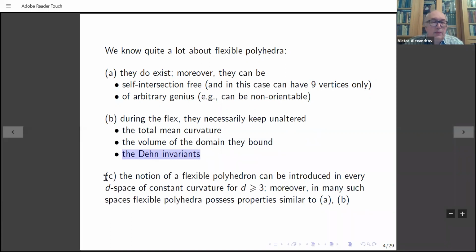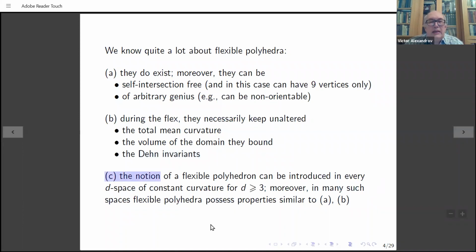In the third group, among the properties that we know about flexible polyhedra is that the notion of flexible polyhedron can be introduced in every D space of constant curvature for every D greater or equal than 3.